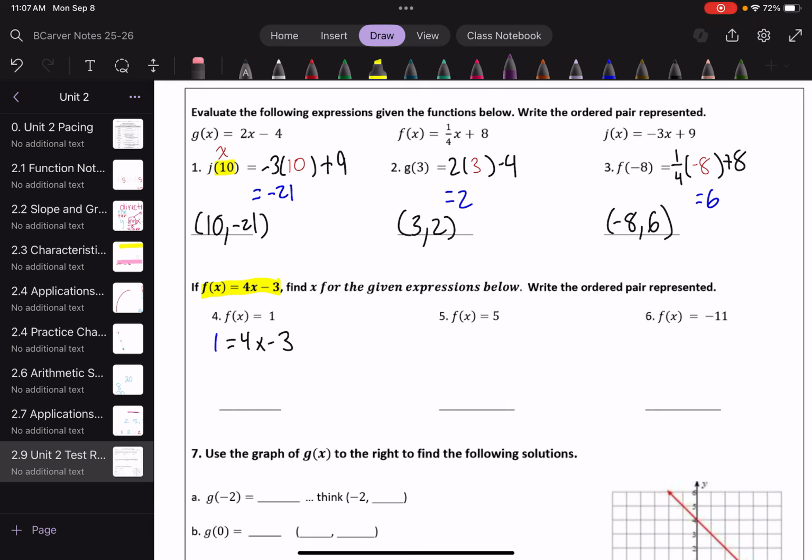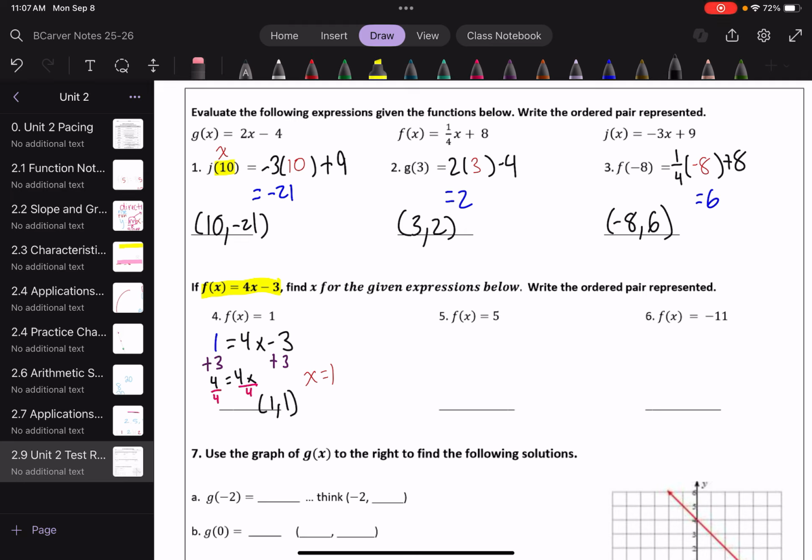I can then add 3 to both sides. That'll give us 4 equals 4x. And then I can divide by 4. This tells me that x is equal to 1. And my ordered pair here is going to be 1 comma 1.